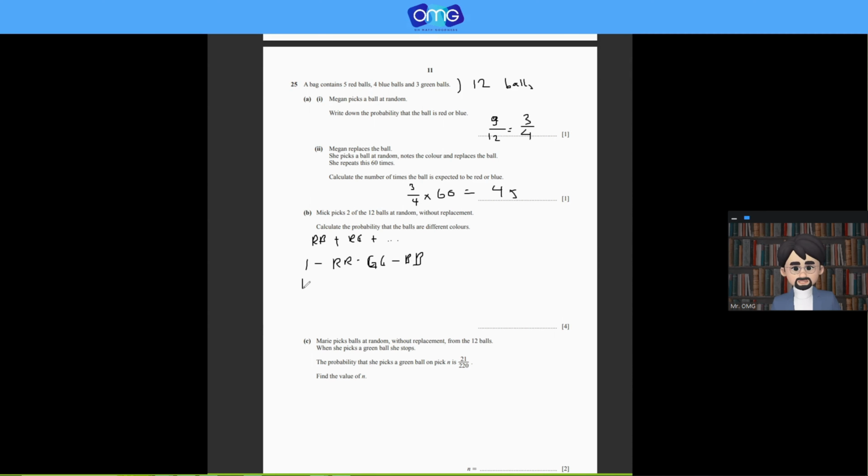Which is 1 minus red, 5 over 12, and red again, 4 over 11, minus green green, 3 over 12 times 2 over 11, minus blue blue, 4 over 12 times 3 over 11.